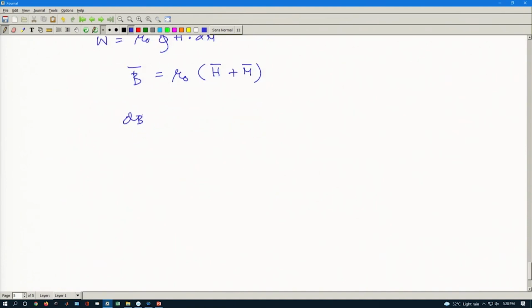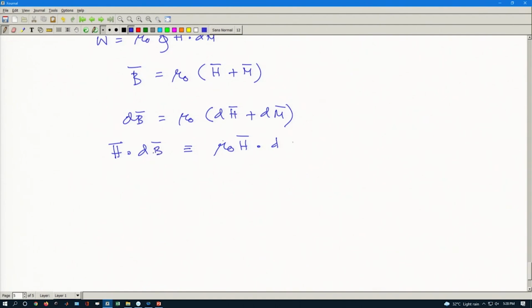So, dB is equal to mu 0 dH plus dm, and if I calculate H dot dB, what value are we getting?